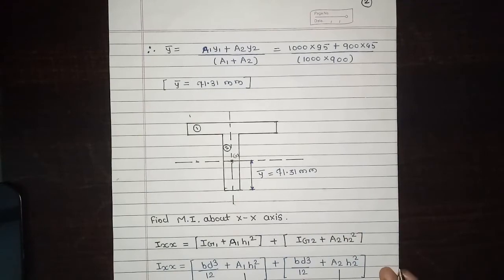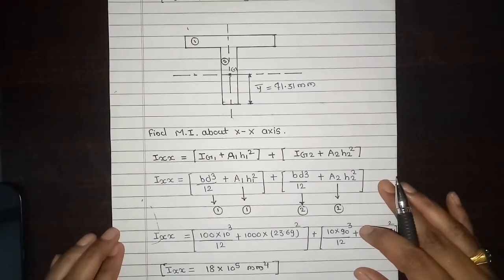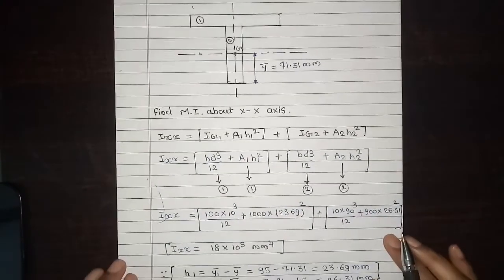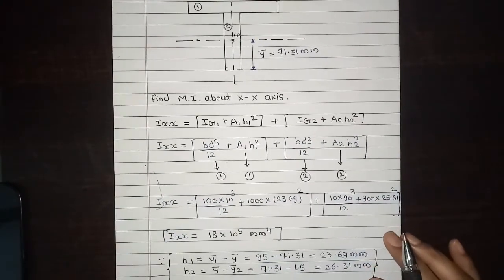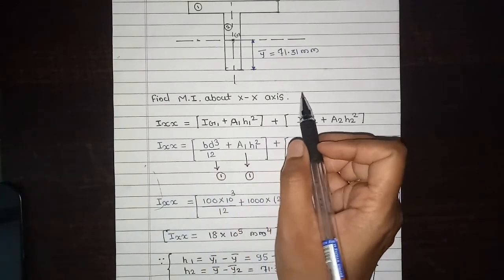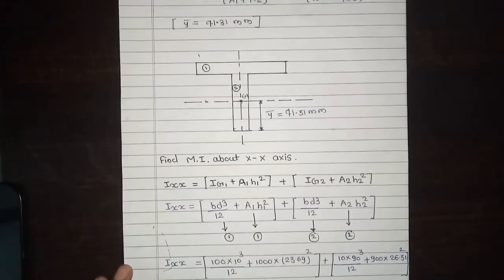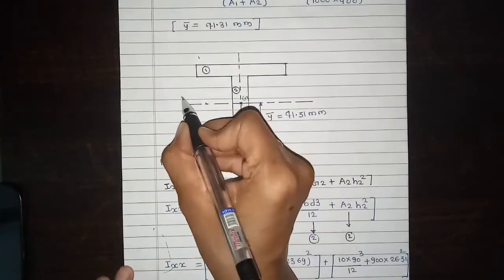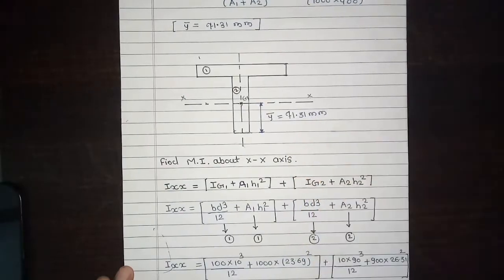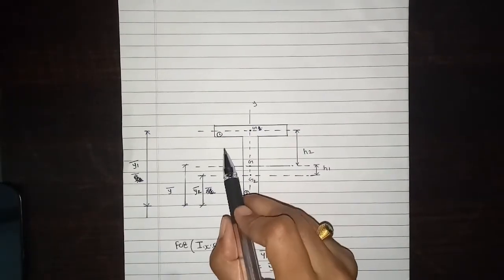Then second step is calculate moment of inertia about x-axis by applying parallel axis theorem. This is the x-axis. See this figure.